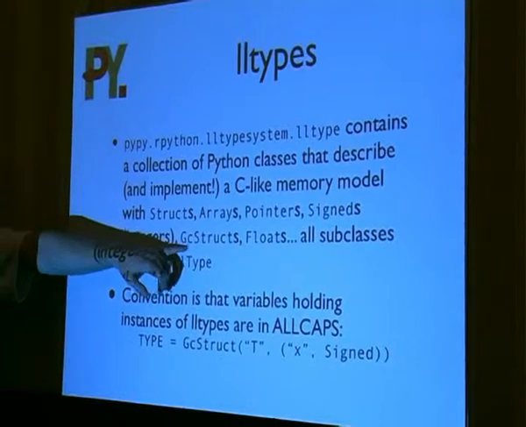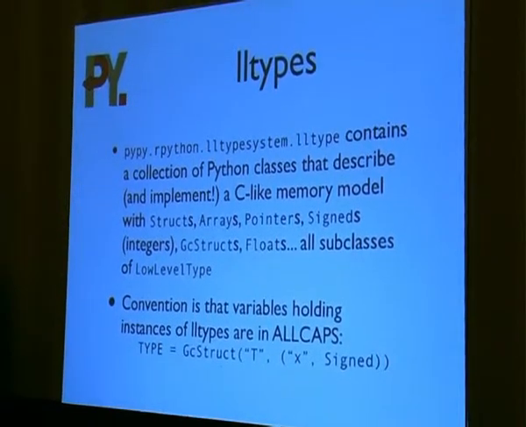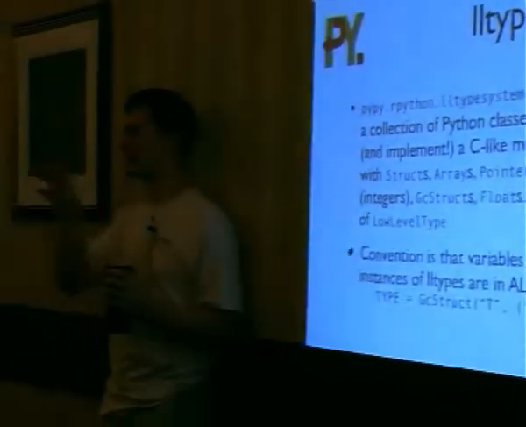The difference between GC struct and struct is that GC struct is assumed to live on the heap, whereas a struct is something that's embedded in a larger structure. So you can have a GC array of structs, but not a GC array of GC structs, because GC structs would be expected to live on the heap, not as part of an array.